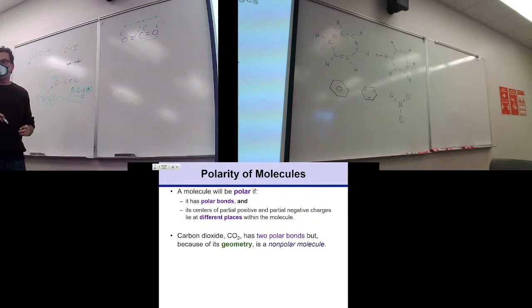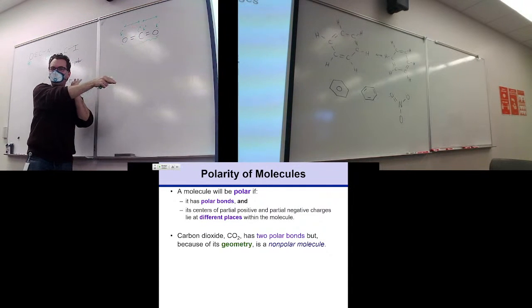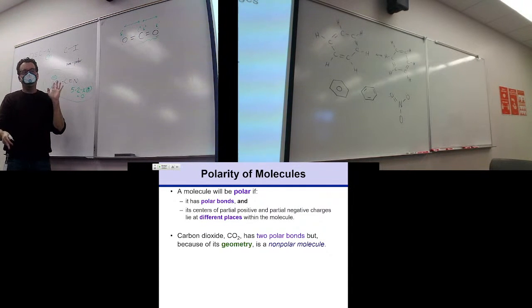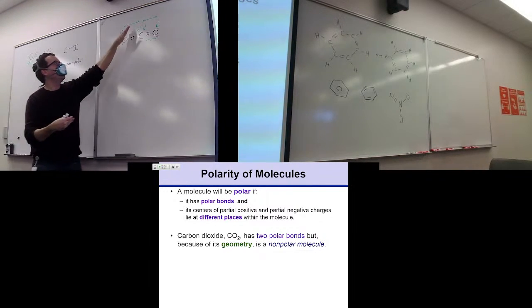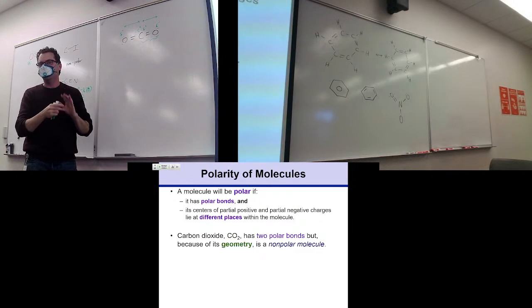And it's exactly the same length, because it's exactly the same two atoms, the same bond as the other side. But notice what happens. These two dipole moments are pointing in exactly opposite directions. In vector math, these would cancel out. They add up to 0. Think of it like a -1 and a +1 added together. They make 0.